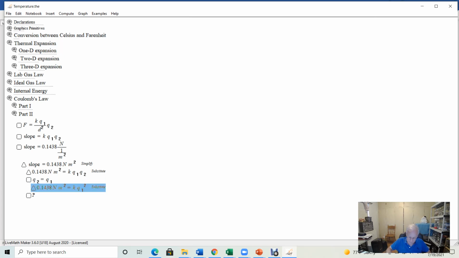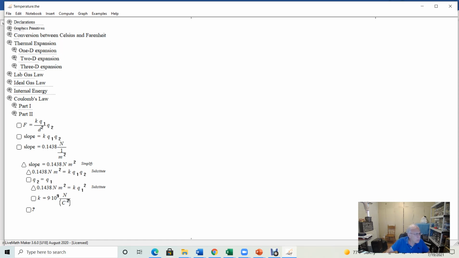And my K we found before is 9 times 10 to the 9, and you put all the units in there. Newton what? Per Coulomb squared? Yeah, per Coulomb squared.